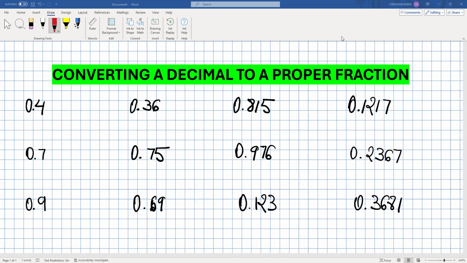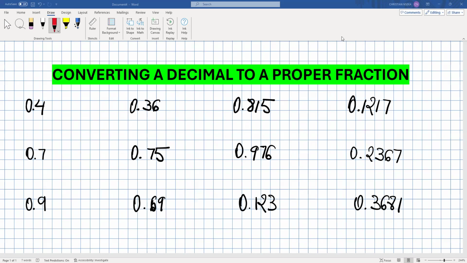A decimal number is a number where you have two parts. The first part, you have a whole number, and then you have a fractional number. And those two numbers, the whole number and the fractional number, are separated by a decimal point.